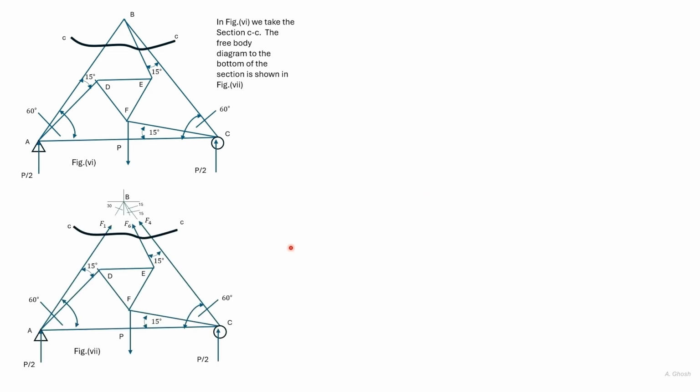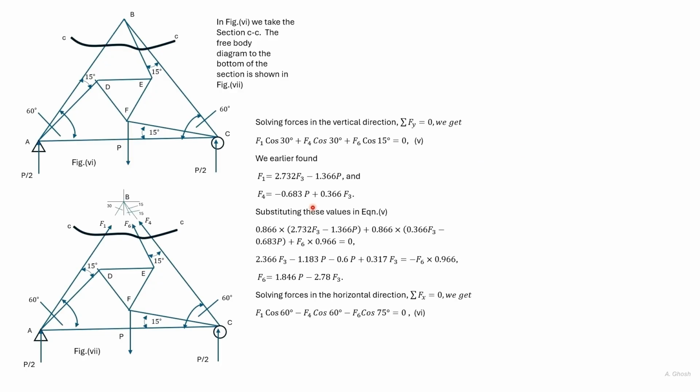So here the forces are shown, and we first resolve the forces in the vertical direction. So F1 cos 30 plus F4 cos 30 plus F6 cos 15 is equal to 0.